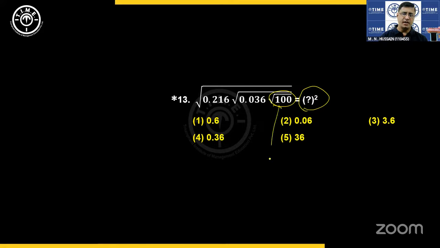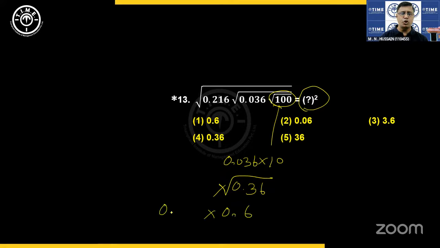Here it is 100. When you multiply with 0.036, it will give 0.36. 0.36 square root is 0.6.